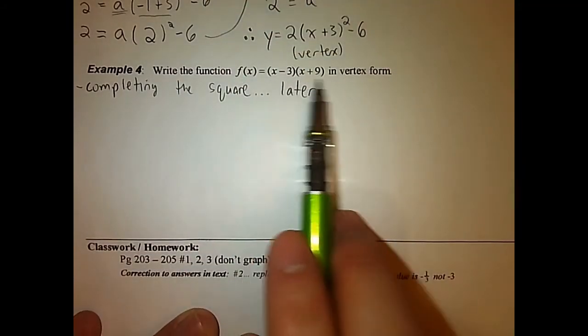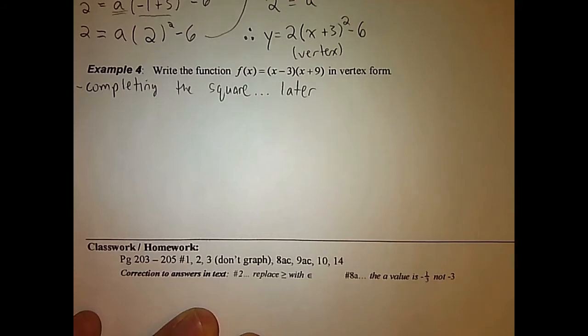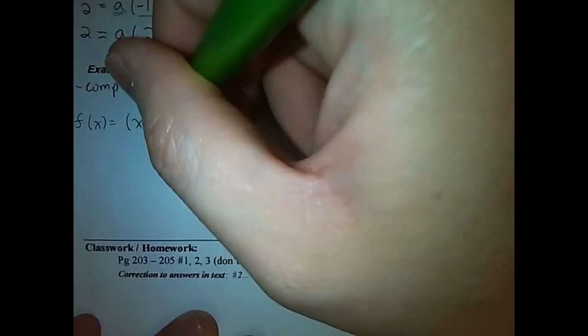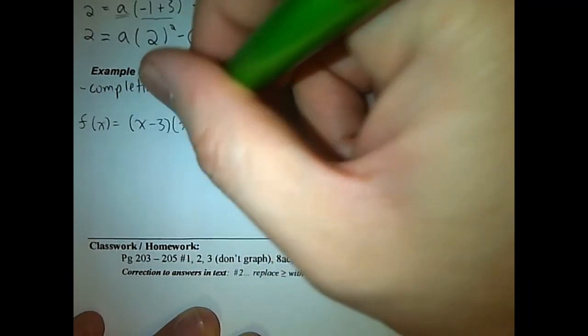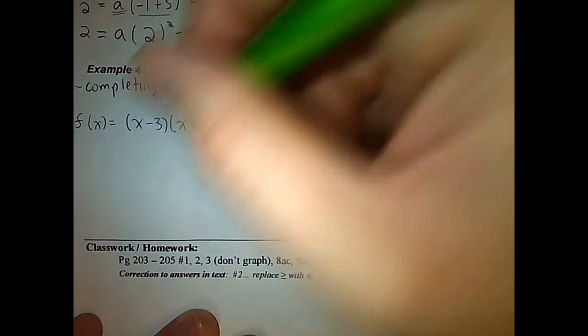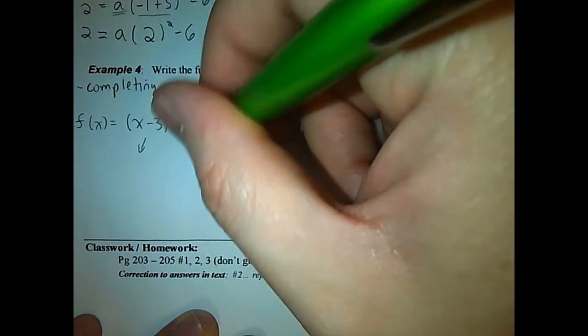So how can I write this in vertex form? Well, if I know, let's say, the vertex, then I can put it in vertex form. So when I get my equation, it looks like it's in factored form because of the two factors here, and because we just did a unit on this. I'm not trying to be mean or anything, just stating stuff.